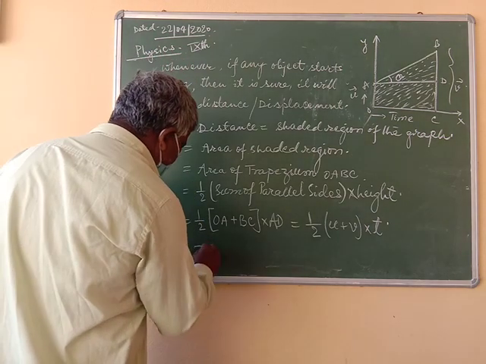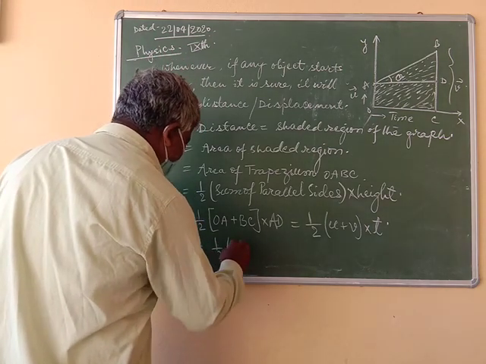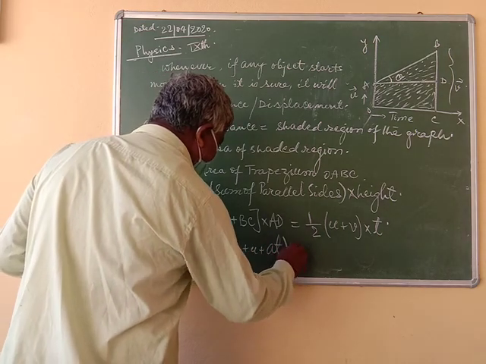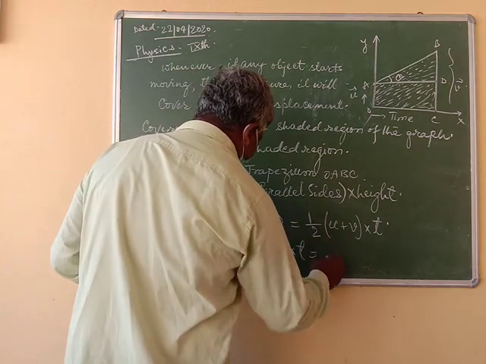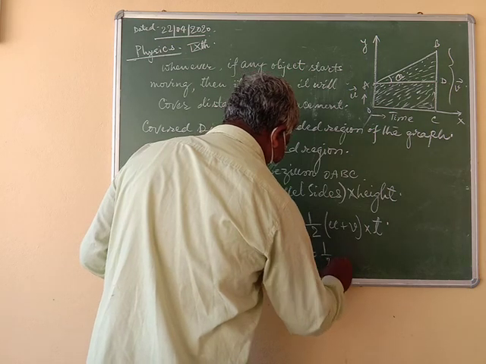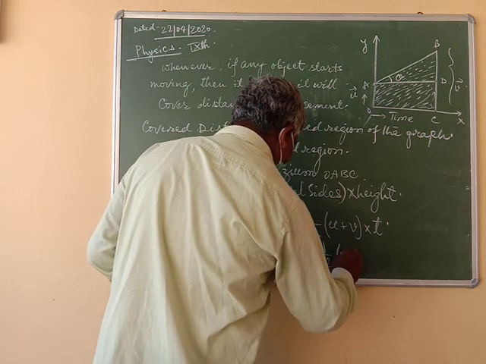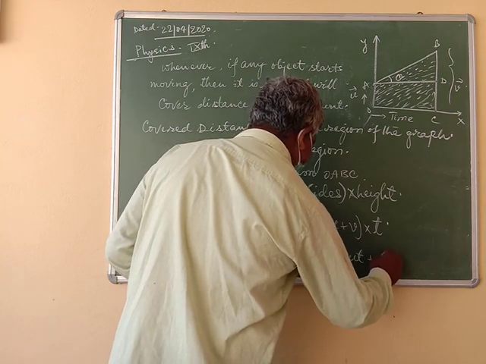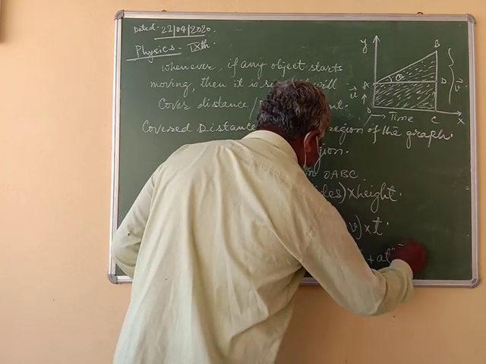Okay, u plus v into t. Now after calculation, half into u plus at into t, this is equal to half into 2ut plus at square.